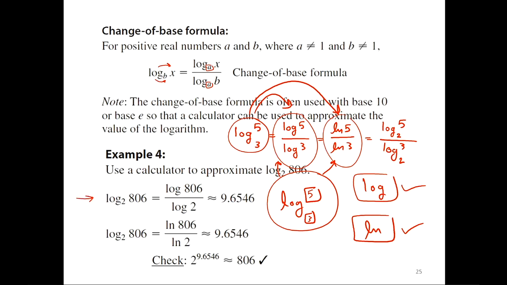How can we calculate or compute this by a programming language? This is using the natural logarithm, log 806 over log 2, and find the value of this. We can use the logarithm or natural logarithm. Okay.